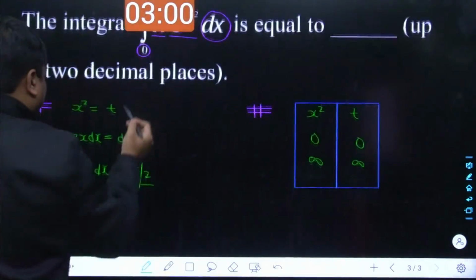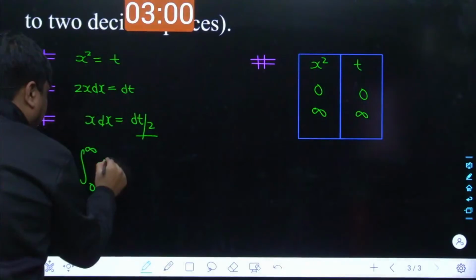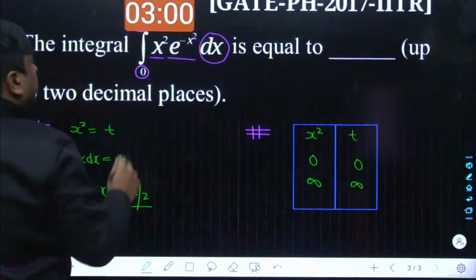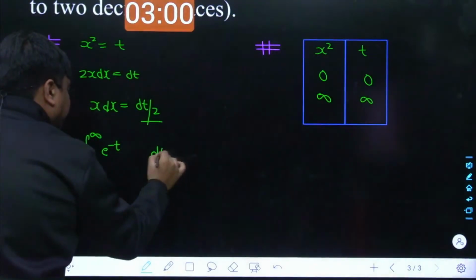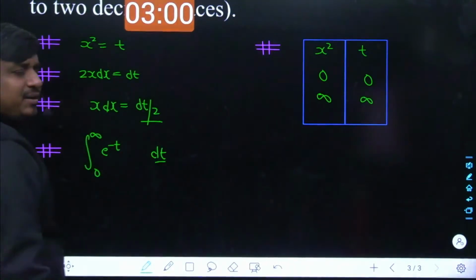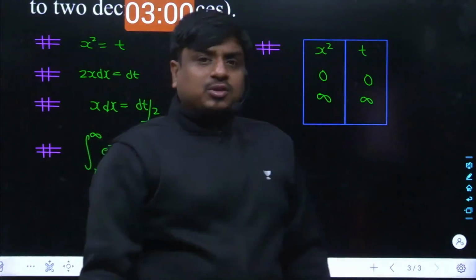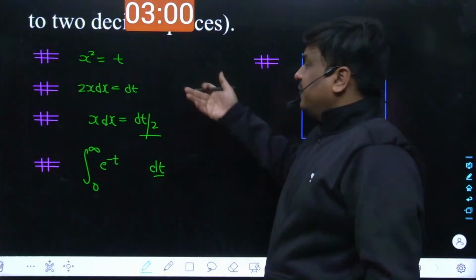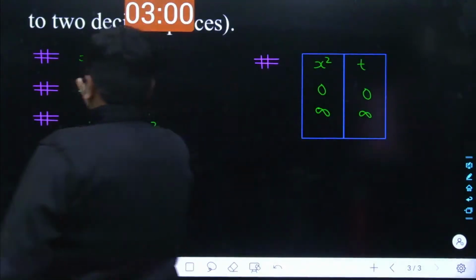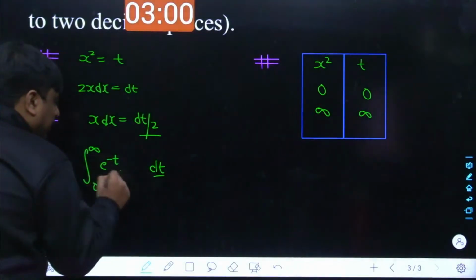See, e to the power of minus x square has become e to the power of minus t. Then x times dx has become dt by 2, and still we have an x over here. But as the integration is to be made with respect to t, and x and t are connected to each other, why don't we take a reference of x in a form of t? So the x could be taken as t to the power of half.